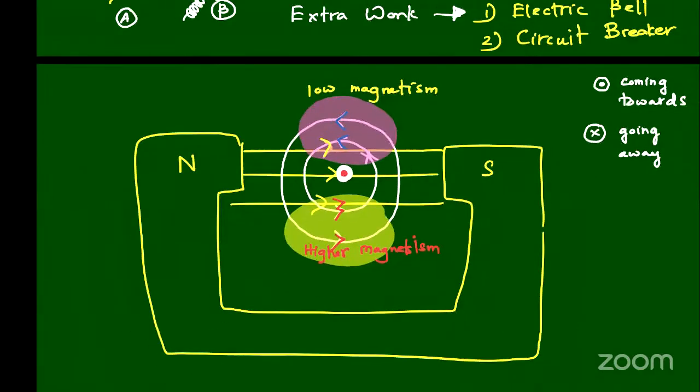Just imagine the next situation. Here we have the magnetic field lying like this. I'm not going to draw the whole setup, just this one. Now the uniform magnetic field like this.